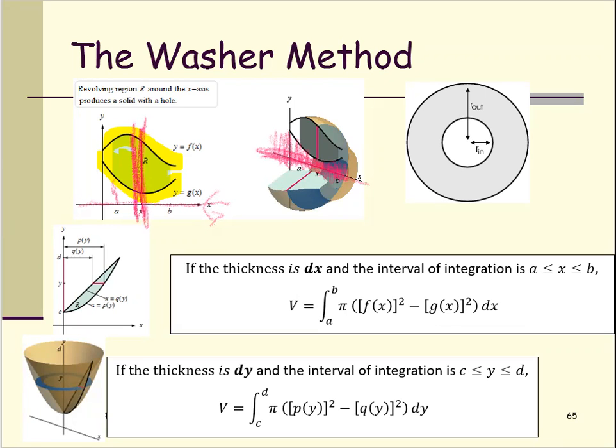When you take one slice out, with the empty space in the middle of the solid object, you're going to have the washer.